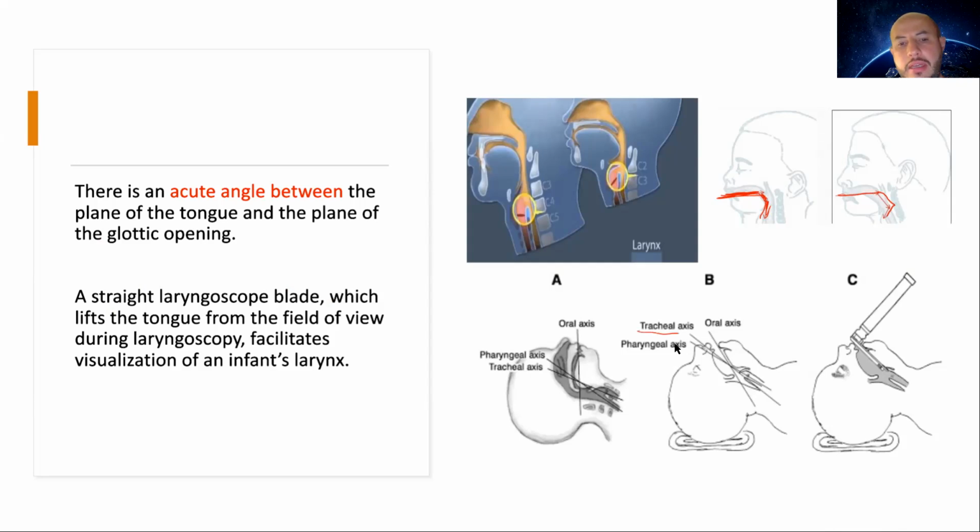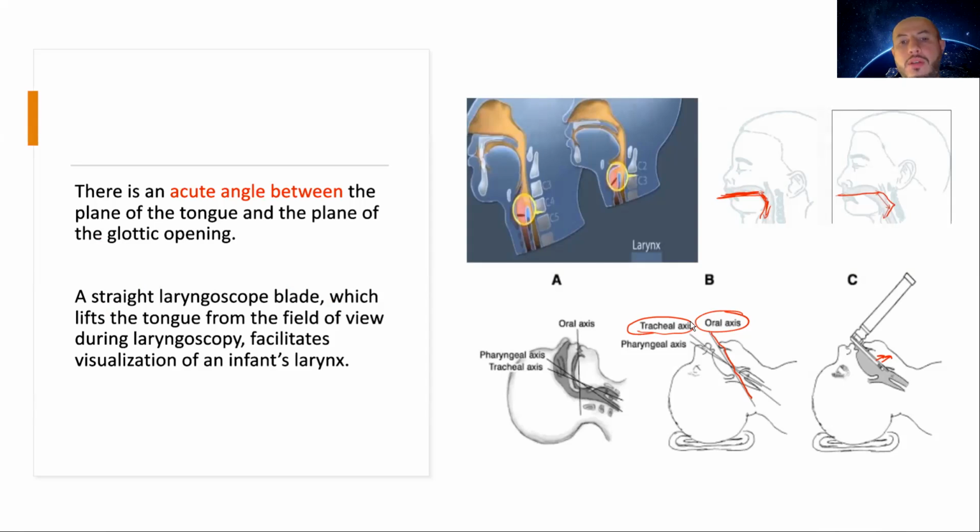You can see that's the tracheal axis and that's the oral axis. Looking along the oral axis, you cannot see the airway. That's why we usually use the straight laryngoscope blade to push the tongue down so you can visualize the airway.